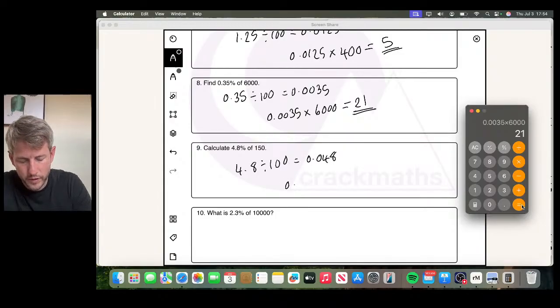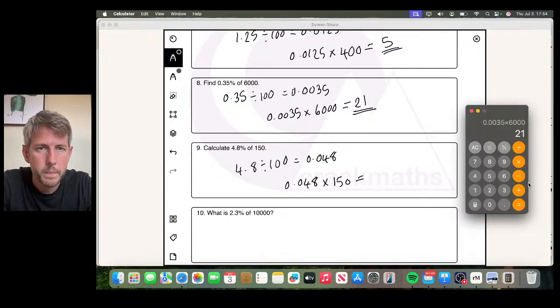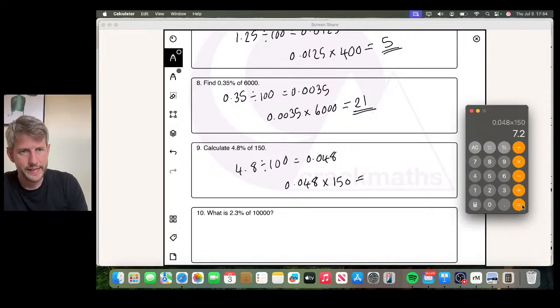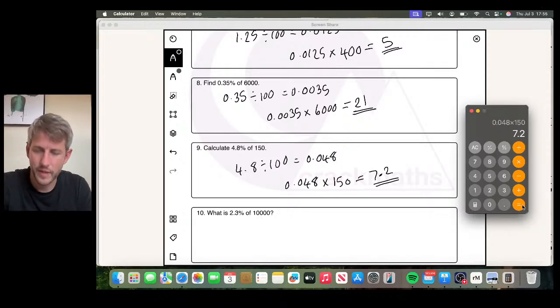And then 0.048 multiplied by 150 equals, let's try this out, 7.2.